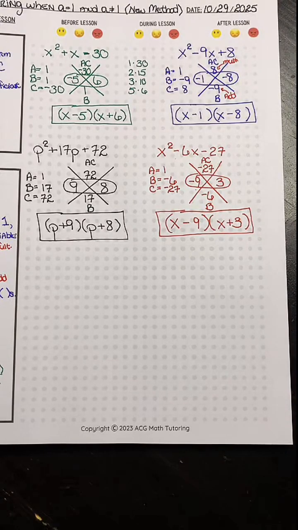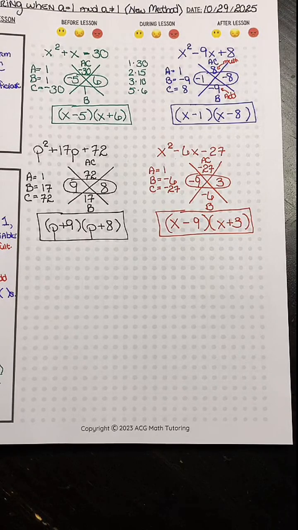We have to know our perfect squares and our perfect cubes. Squares, we should know up to like 12 or 15. Cubes, if you can get it up to like 5, that's pretty decent. It will make life so much easier, especially as you're progressing further.